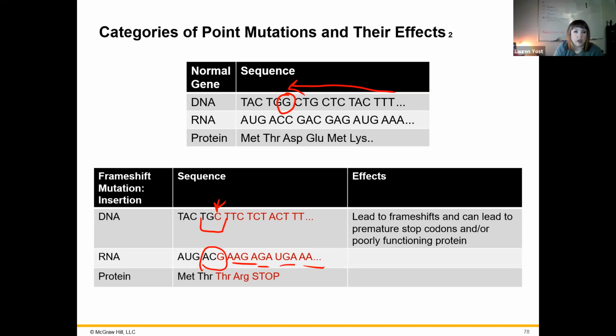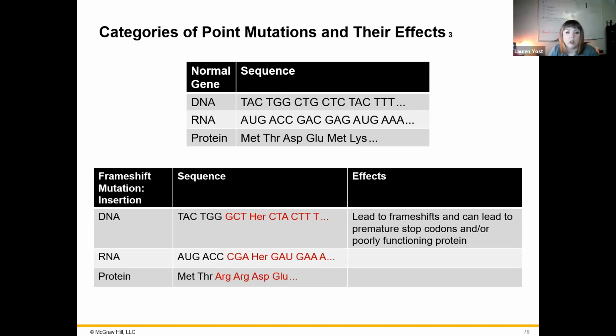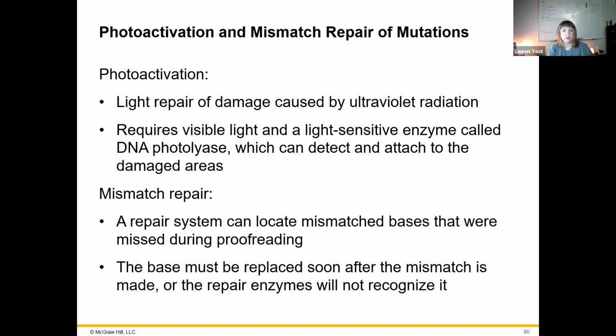And so now instead of reading the correct codons and getting the correct amino acids, we've shifted our entire reading frame, and now we're going to be making these instead. And instead of having amino acids and keeping going, we have the introduction of this stop codon that's going to create a disastrous effect for that particular organism, right? And so I guess this is just talking about other frame shifts and things like that that can cause effects as well.